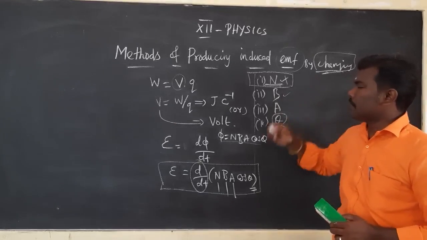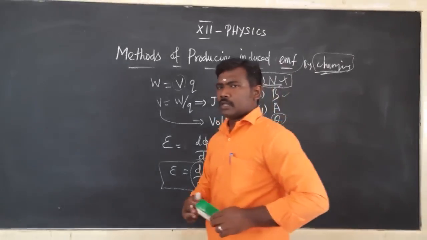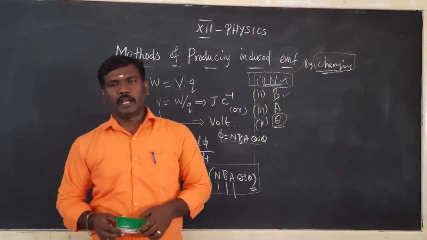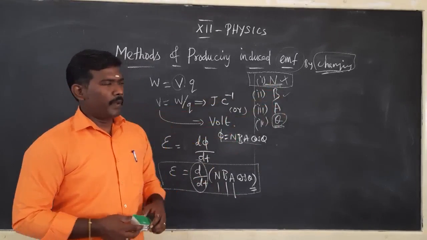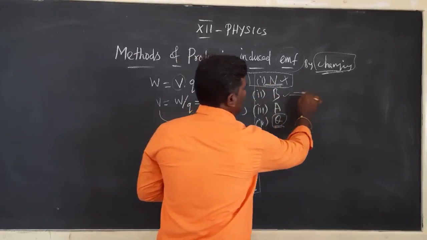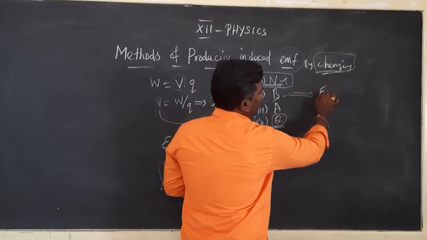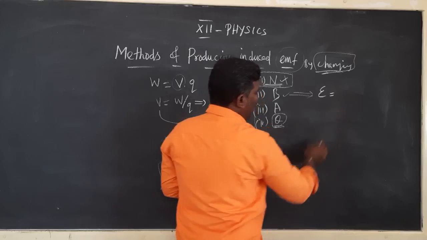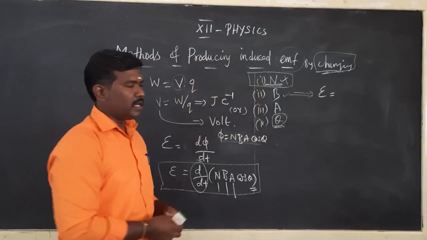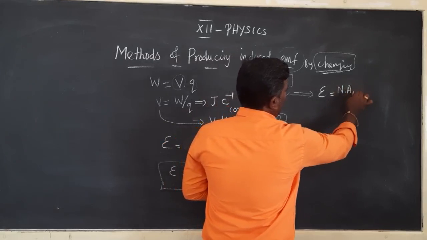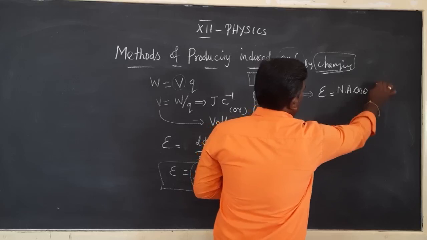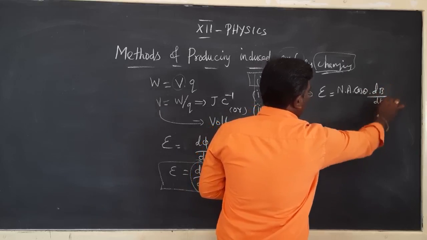By changing the magnetic field, we can also produce an induced EMF in the coil. For this case, we can write the formula like this: induced EMF is equal to, all the remaining terms being constant, take out from the differential N A cos theta, then dB by dt.